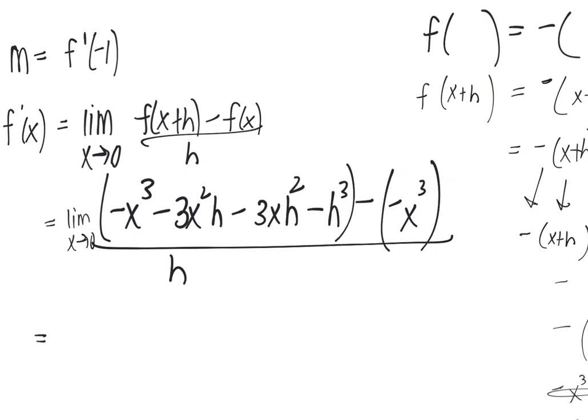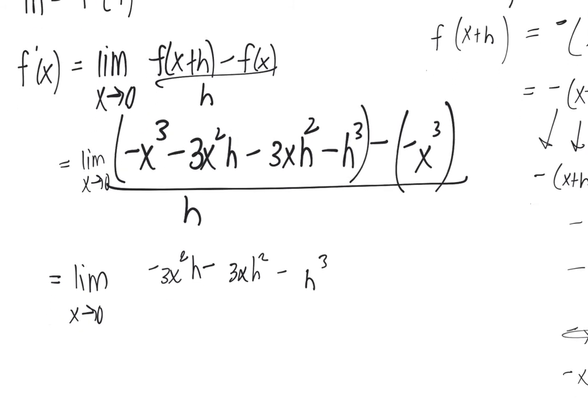Okay, so this is what I'm talking about with the cancellation. This is really a minus and negative, so a positive x cubed, which cancels with that and leaves you with -3x squared h minus 3xh squared minus h cubed all over h.